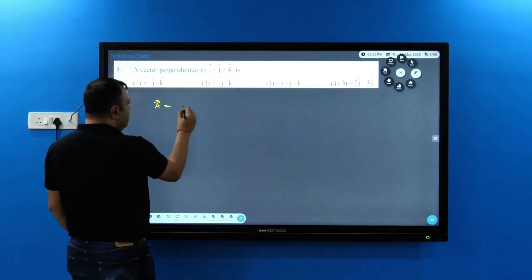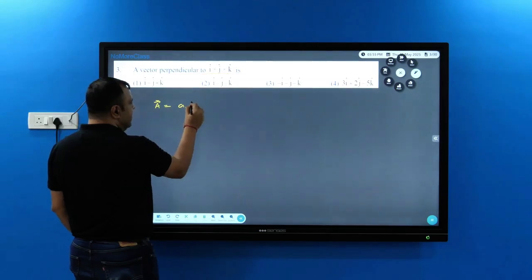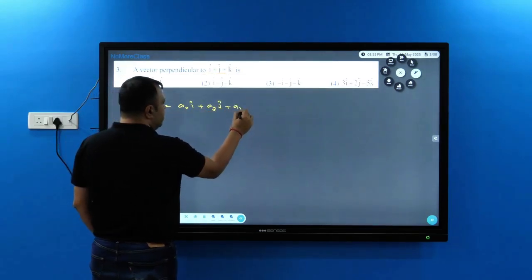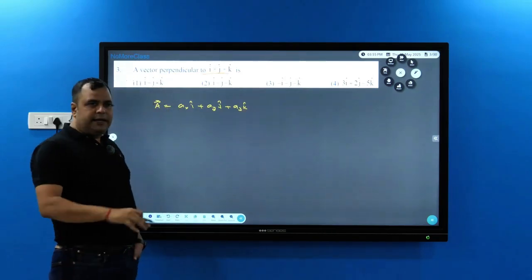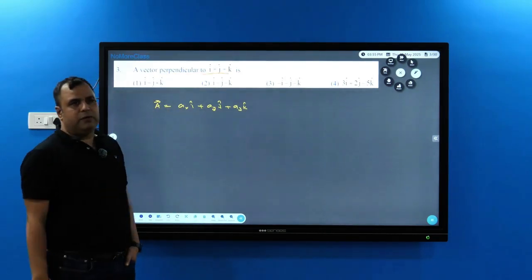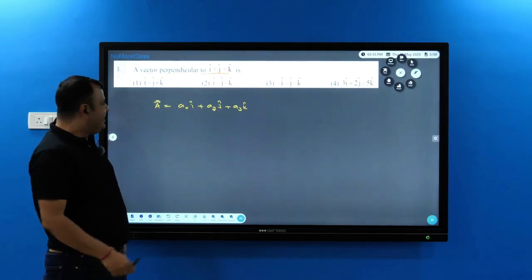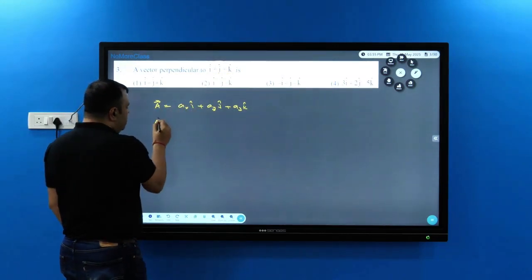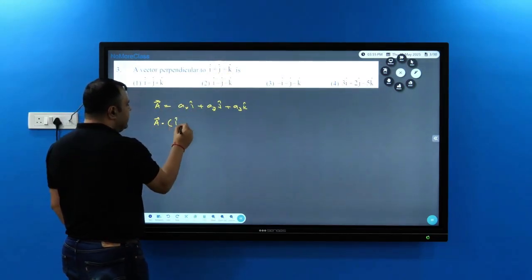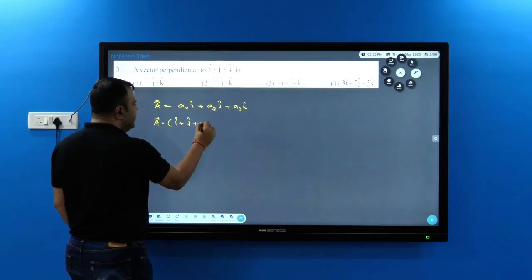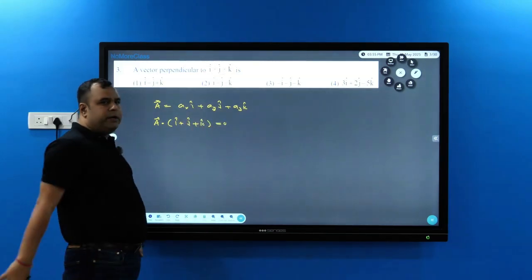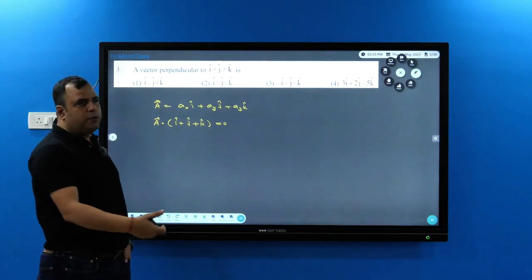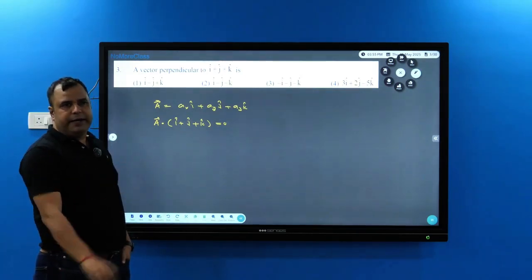Two vectors which are perpendicular will give the dot product 0. If the dot product is coming out to be 0, they are perpendicular.